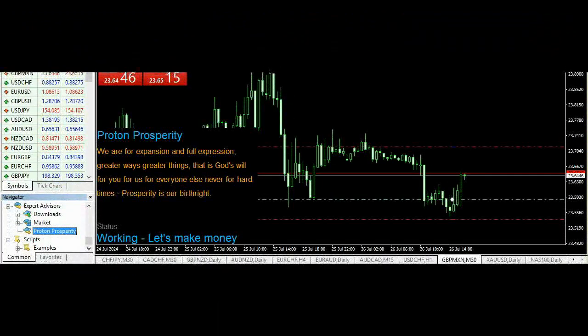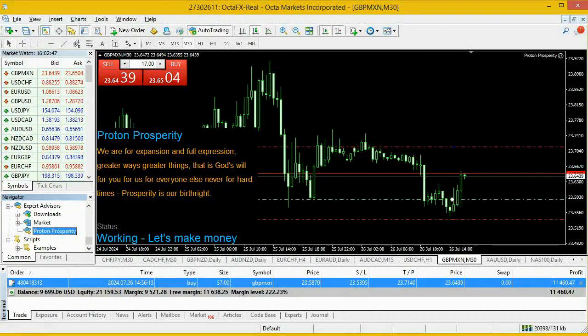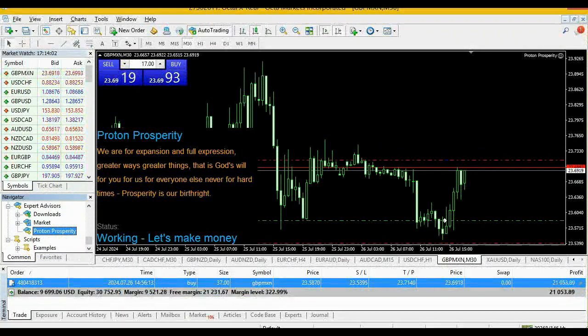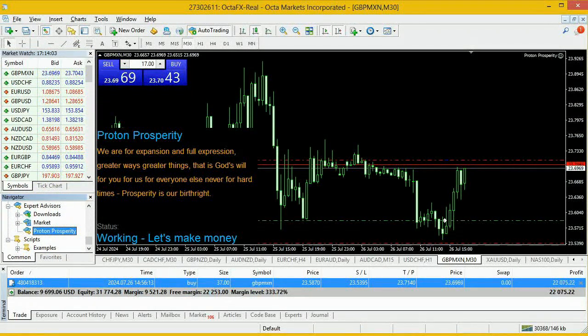In a little over an hour, we are almost halfway to our profit target. After 2 hours and 18 minutes into the trade, this is where we are.